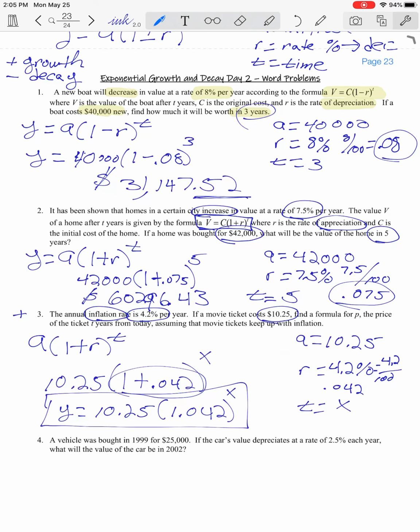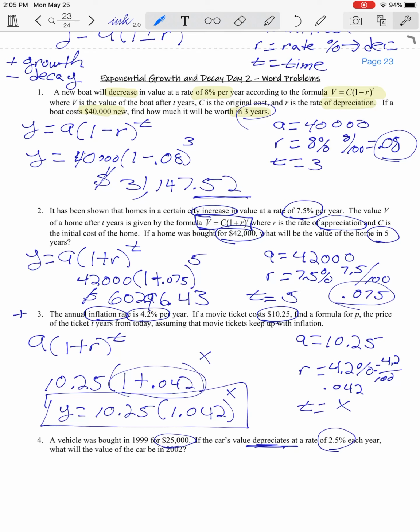Okay. Number 4 says, a vehicle was bought in 1999 for $25,000. There's your initial. The car depreciates, means it goes down, so I'm going to use subtraction, at a rate of 2.5%. That's your R. They want to know the value of the car in 2002.